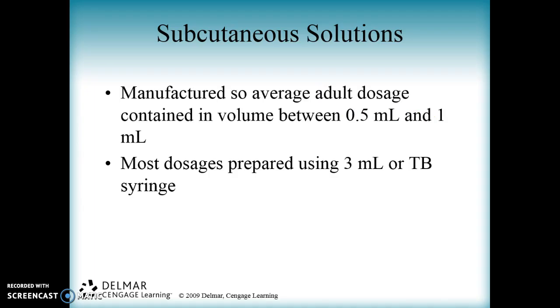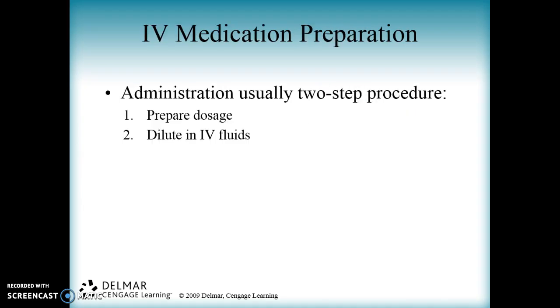But the dose itself usually is between 0.5 and 1. When we talk about IV medication, it's really a two-step process. The first step is to prepare the dose of the actual medication. Then we're going to put that medication into whatever IV fluid we might be using. Maybe we're putting it in D5W, which is dextrose 5%.